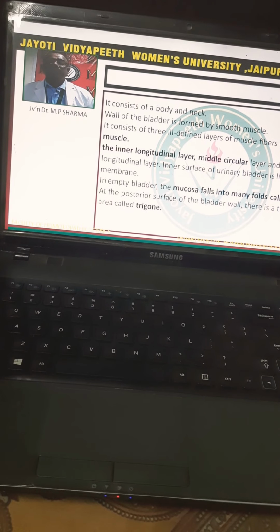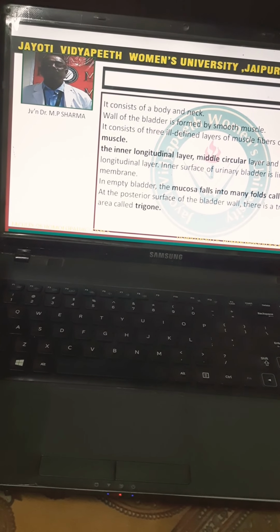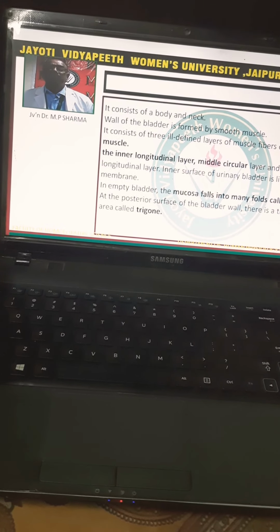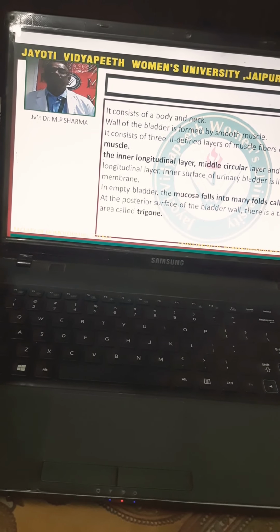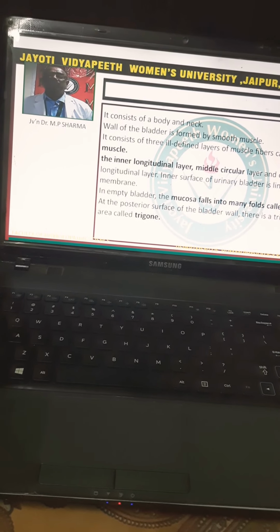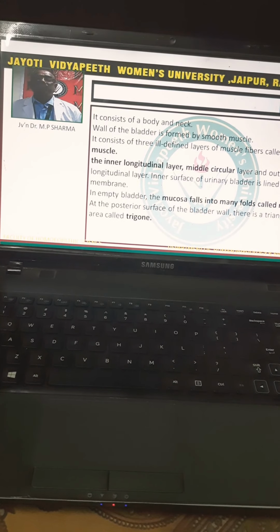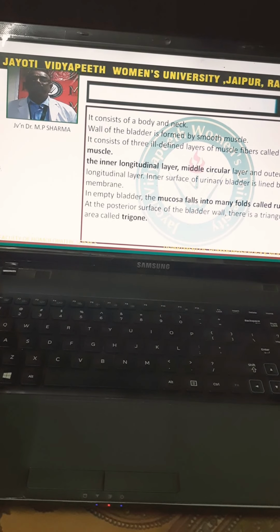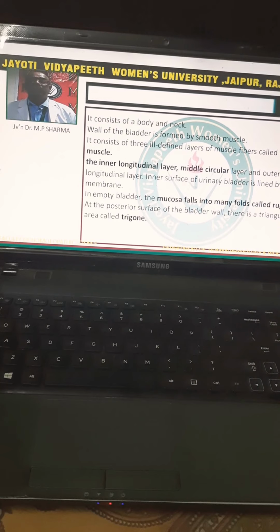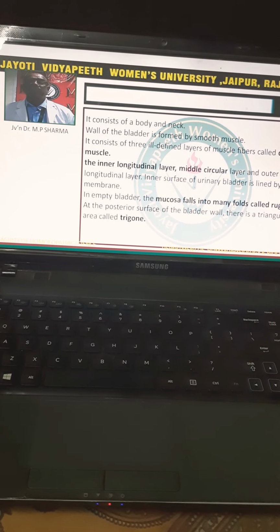Inner surface of the urinary bladder is lined by mucous membrane. In empty bladder, the mucosa falls into many folds called ridges.